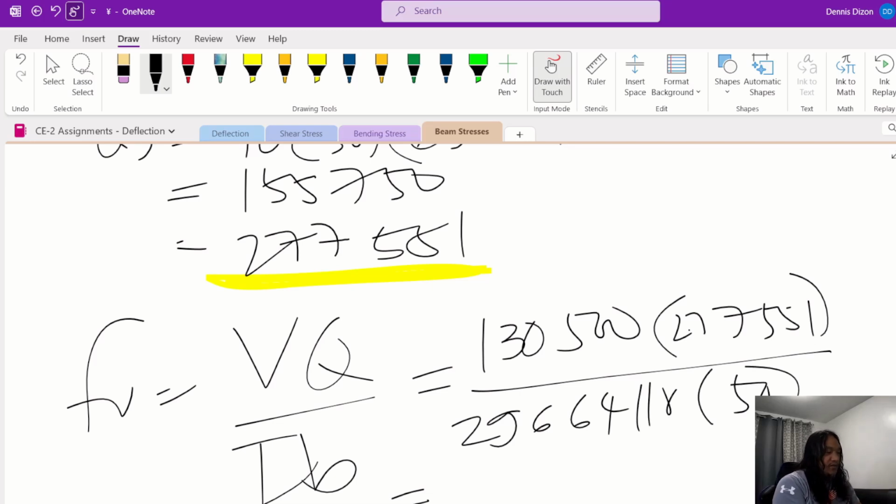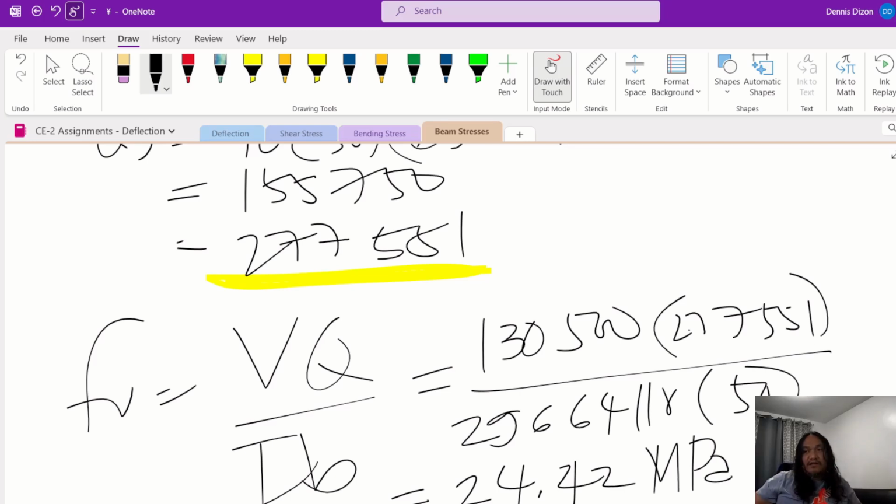So the maximum horizontal shear is 130,500 times 277,551 divided by 296,64110 times 50. So this is 24.42. This is Newton per millimeter squared, so this is megapascal.